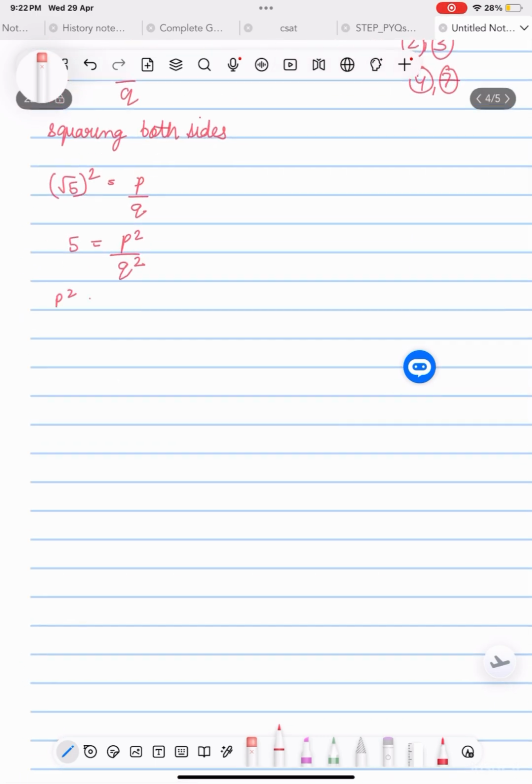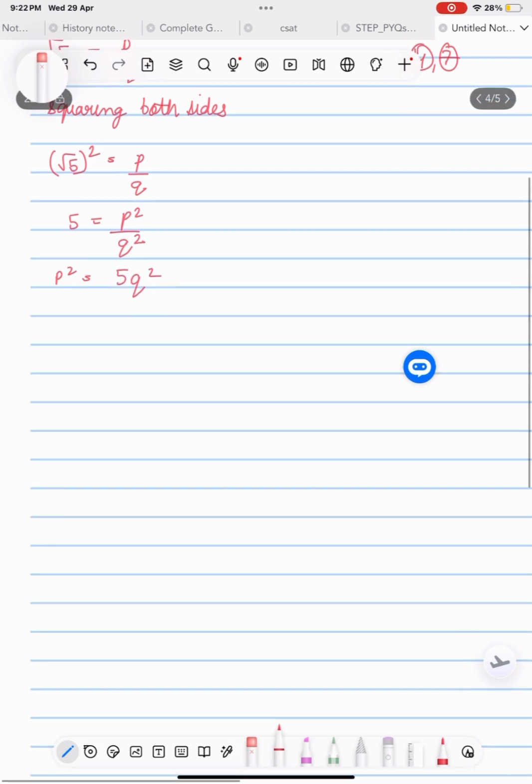And we can write this as p square equals 5q square. Now here we can see that we are writing p square in terms of multiples of 5. Therefore, p square must be divisible by 5. Obviously, you're writing in terms of multiples of 5.